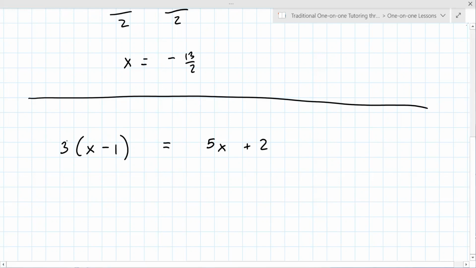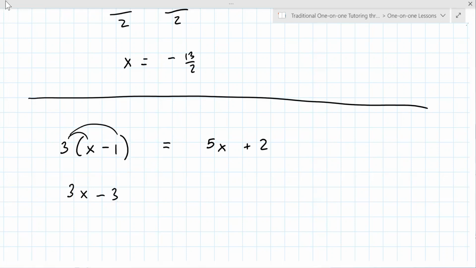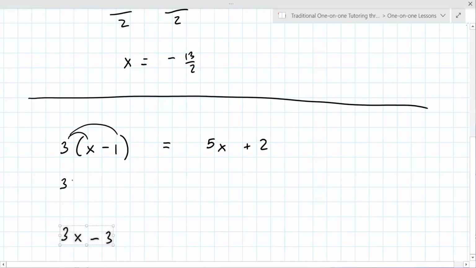You should get the 3 and the x together. Yeah, you should distribute that to both terms. So what does that become? 3x and minus 3. You're multiplying. There's an intermediate step here, let me write that out. It's 3 times x plus 3 times negative 1.